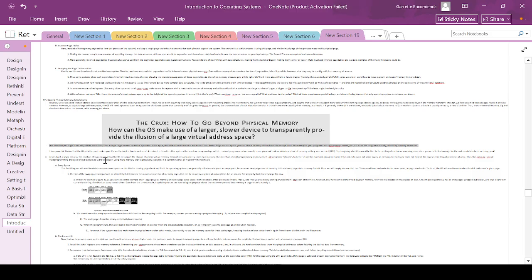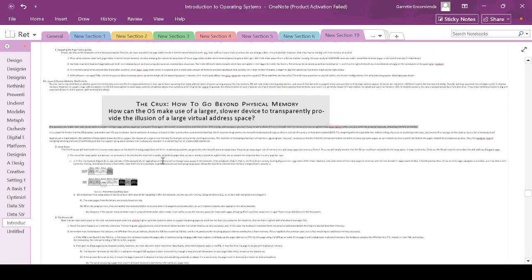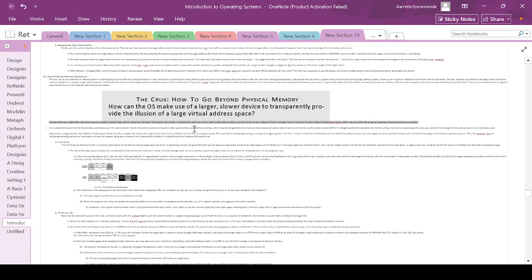One question you might have: why do we support a single large address space for a process? Once again, the answer is convenience and ease of use. With a large address space, you don't have to worry about whether there is enough room in memory for your program's data structures. Rather, you just write the program naturally, allocating memory as needed.